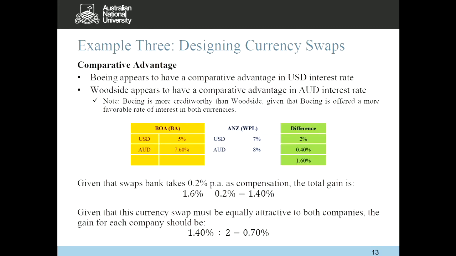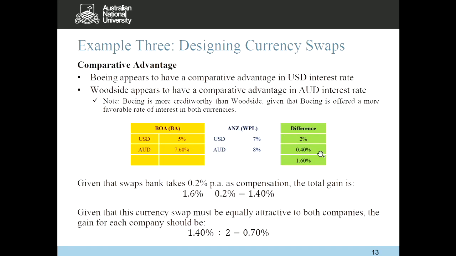So again, similarly, let's analyze their comparative advantage. Remember, Boeing has a better credit rating, so Boeing would dominate in both the US dollar denominated rate of borrowing as well as the Aussie dollar denominated rate of borrowing, right? So we see that Boeing enjoys a lower cost of borrowing in both US dollar as well as Aussie dollar.